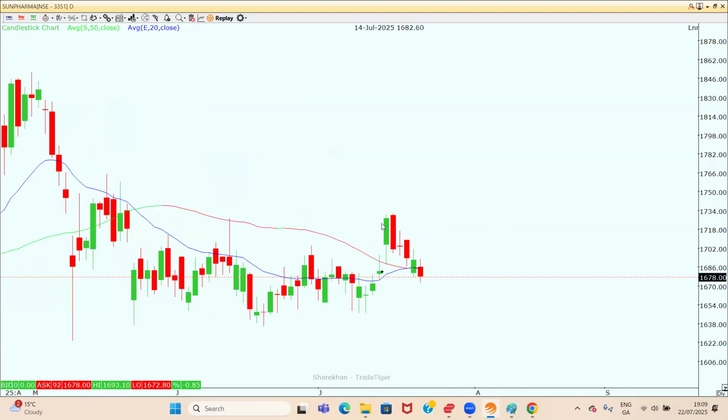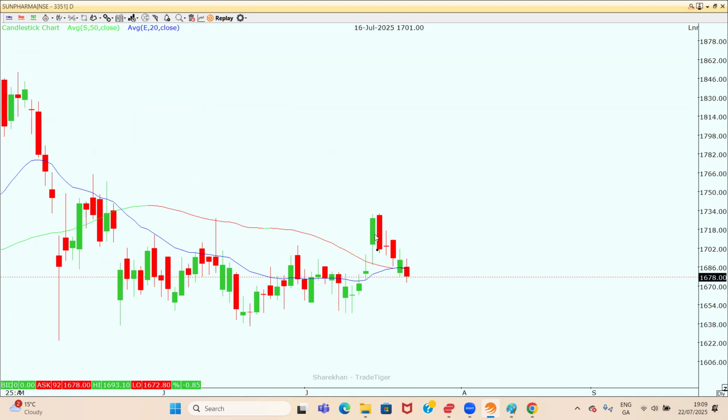If you see this, there are only three candles in this candlestick chart, with the base and the body part.